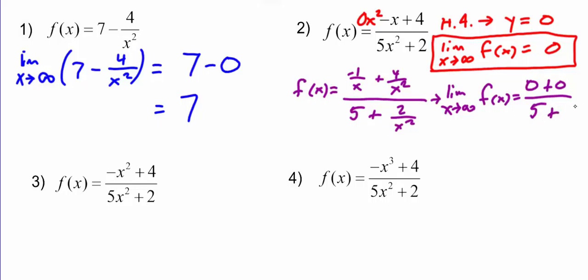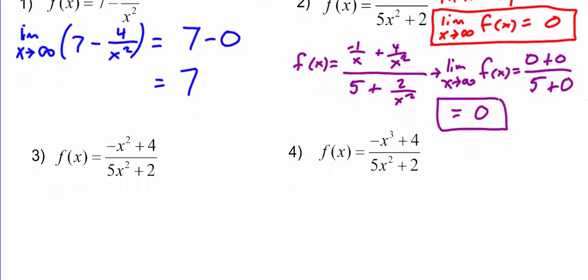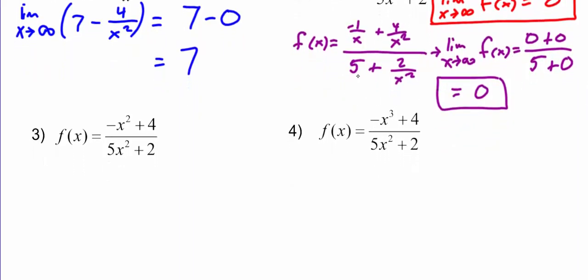And then plus 2 over x squared, well, that's 0 as well. So again, we get the limit to be equal to 0. I would suggest, as I said before, that probably most of you are going to use the first method of horizontal asymptotes, but dividing by the highest degree term is actually a pretty legitimate method as well. It's one worth considering. Maybe you'll love it, maybe you won't.